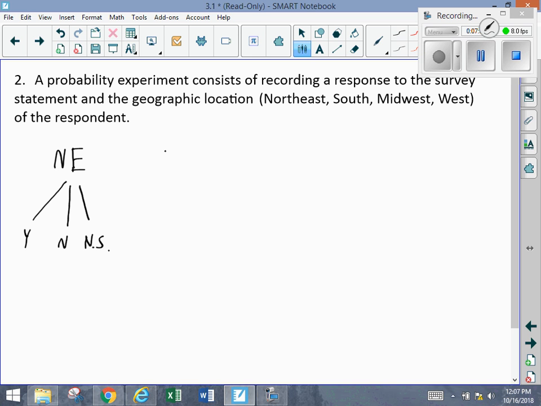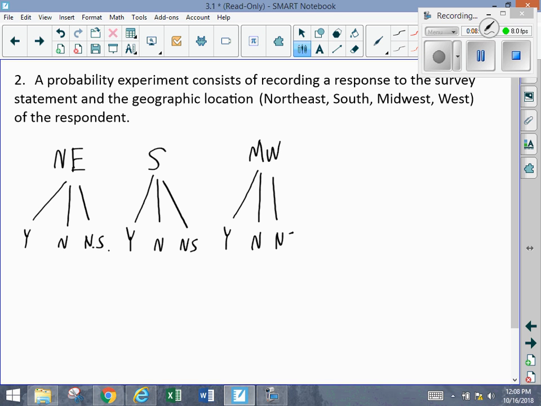And then if they identify with the south, they can say yes, no, or they're just not sure. Then if you identified with the Midwest, you might say yes, no, or you're just not sure.